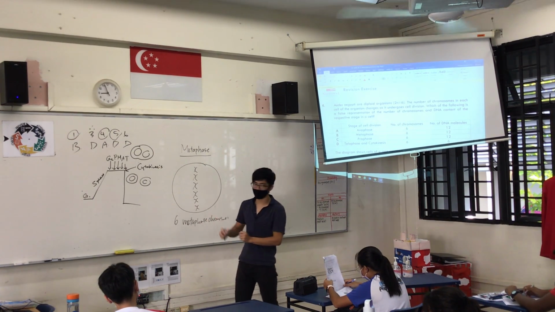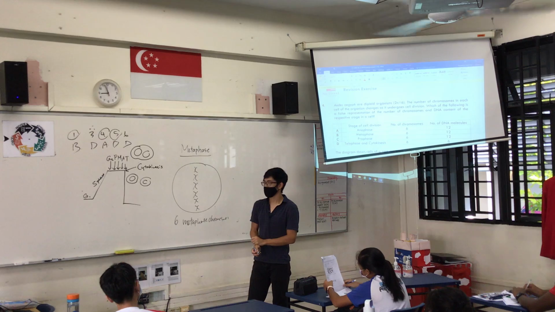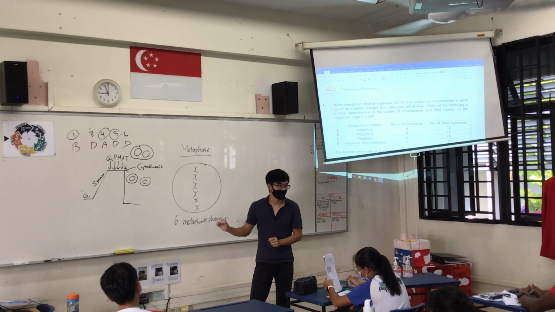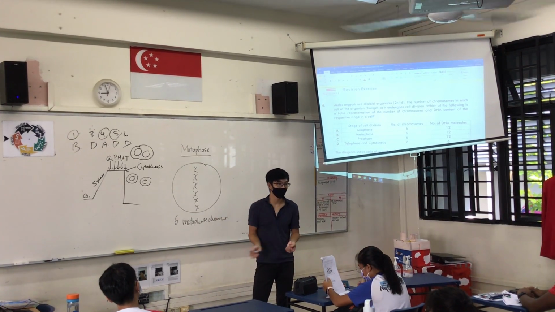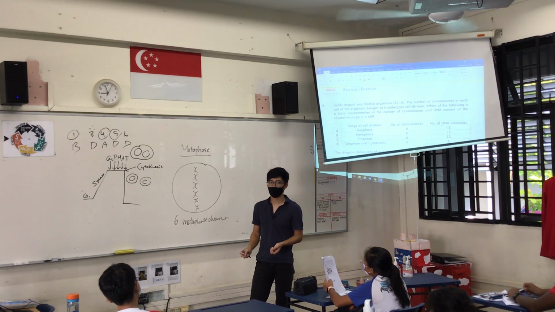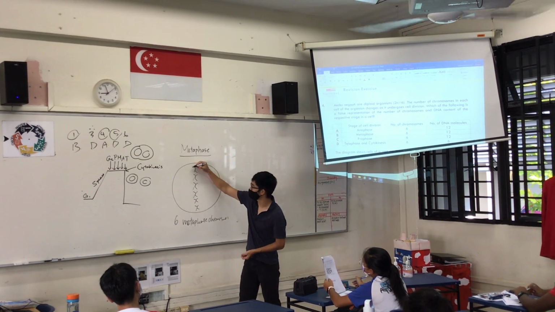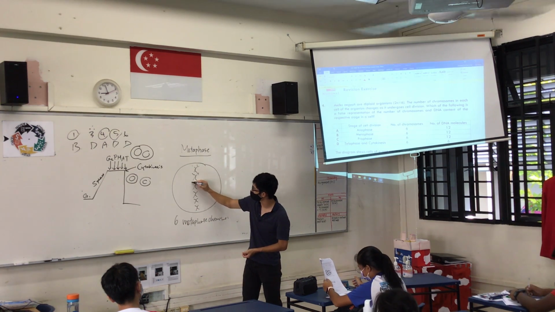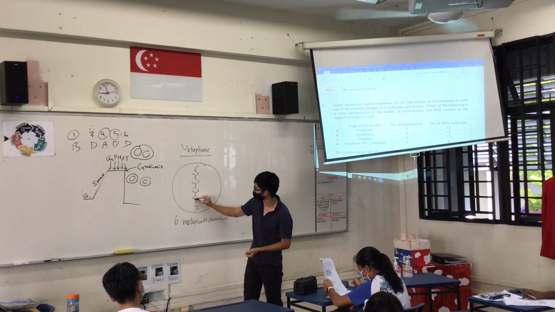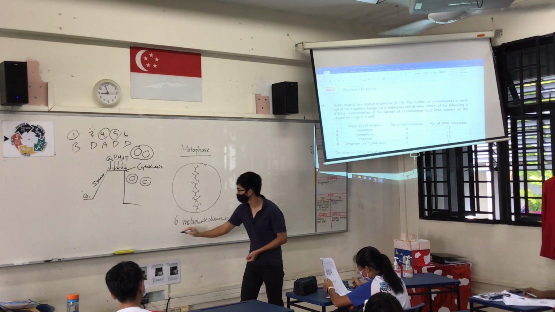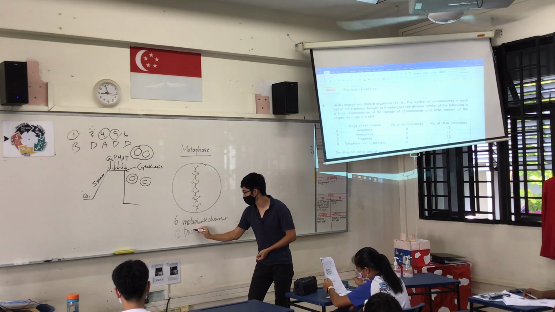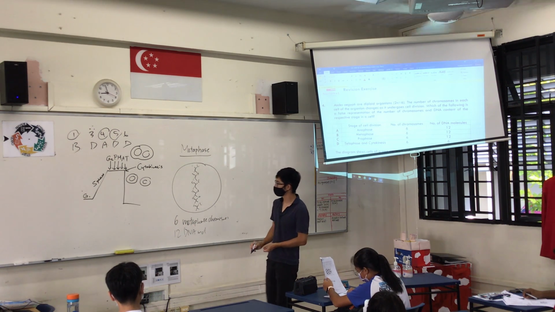How many DNA molecules are there? Each sister chromatid is a DNA molecule. So how many DNA molecules are there in total? When I count them out, 1, 2, 3, 4, 5, 6, 7, 8, 9, 10, 11, and 12. So there are 12 DNA molecules.